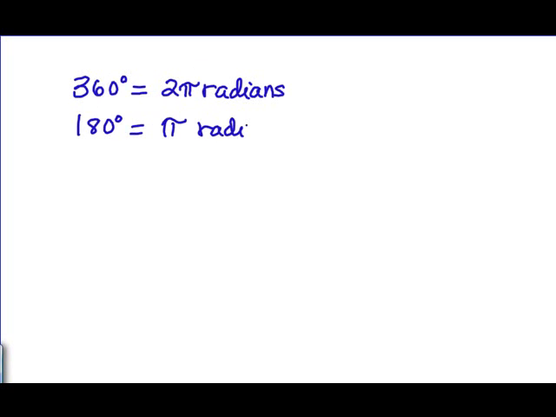So 180 degrees is equivalent to pi radians. If we divide by 2 again, we get 90 degrees, so 90 degrees is equivalent to pi over 2 radians. Now if you divide this by 2 again, we get 45 degrees. If we divide pi over 2 by 2, we get pi over 4 radians.